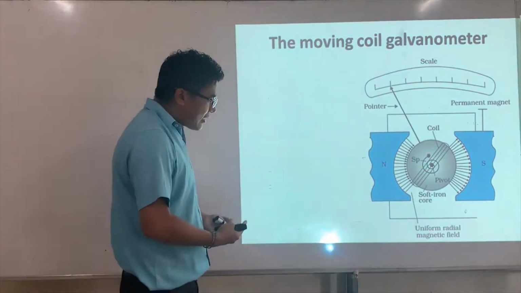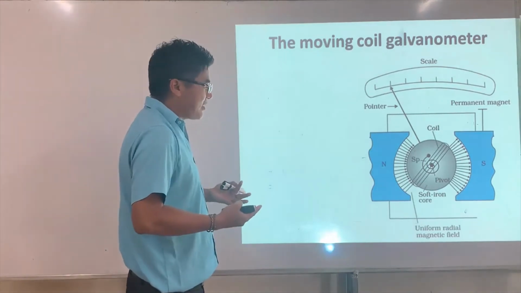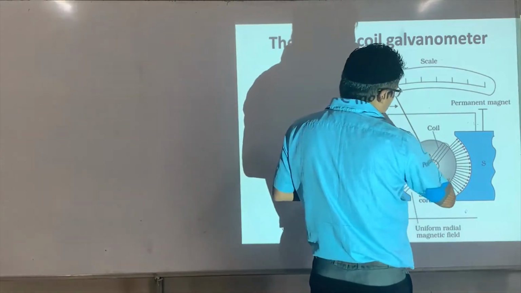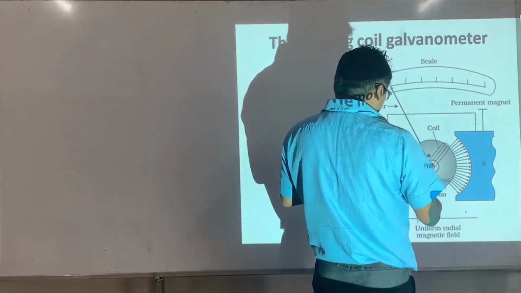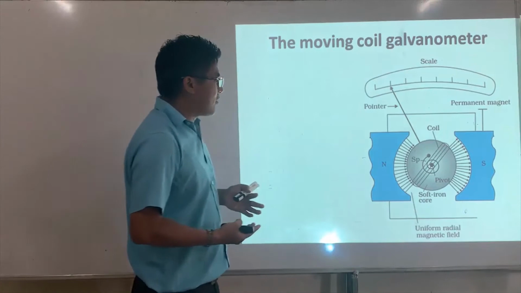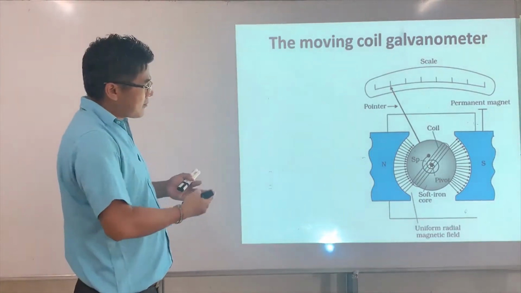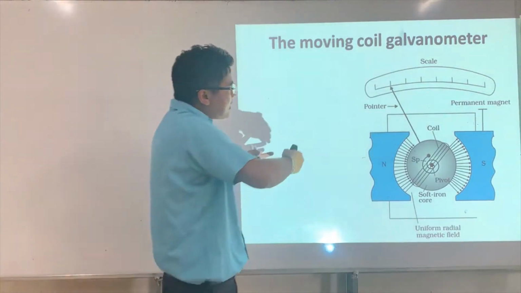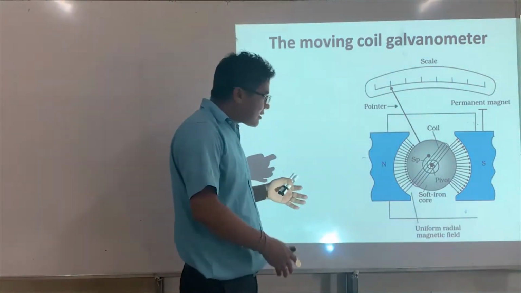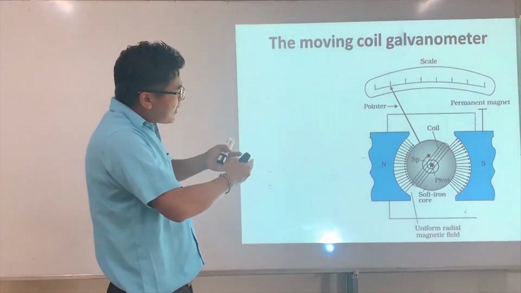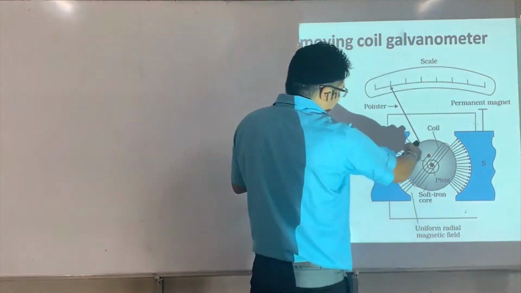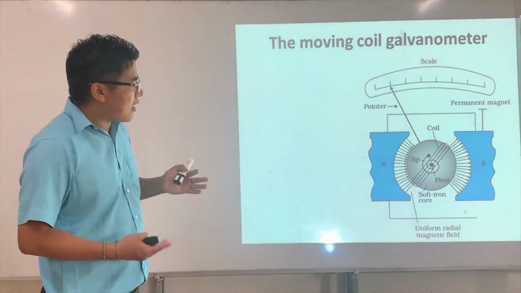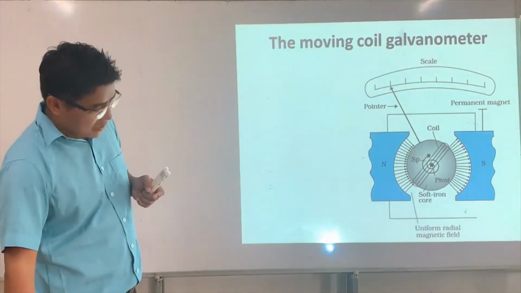And there is a reason why this should be a cylindrical iron core. Because it is cylindrical, the coil is always along the direction of the magnetic field. Therefore, the direction of the magnetic moment and the direction of the magnetic field are always perpendicular to each other.